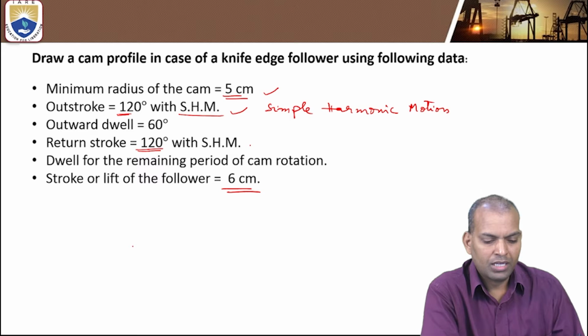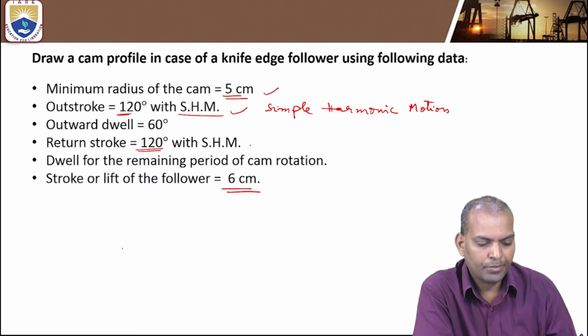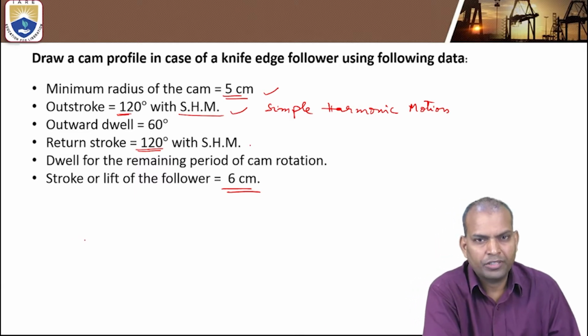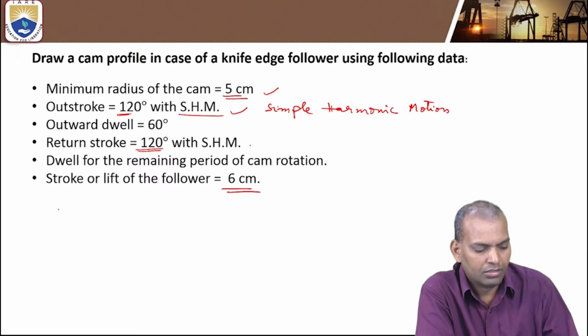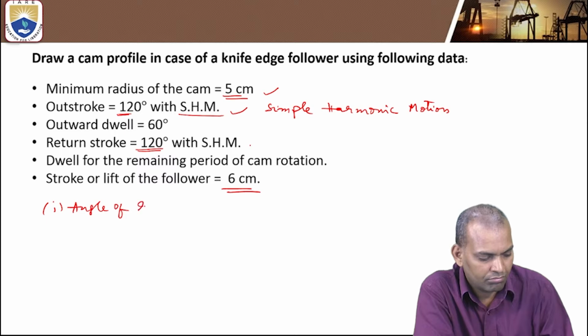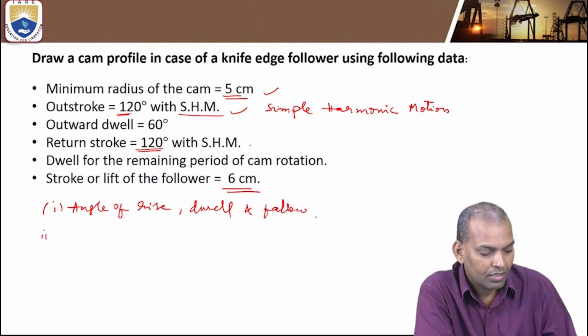As we have already studied in the previous session, some input parameters are required. First, the angles of rise, dwell, and fall are required.